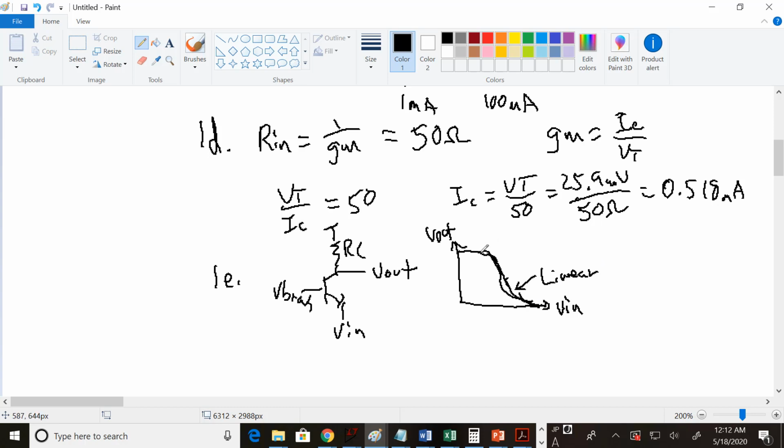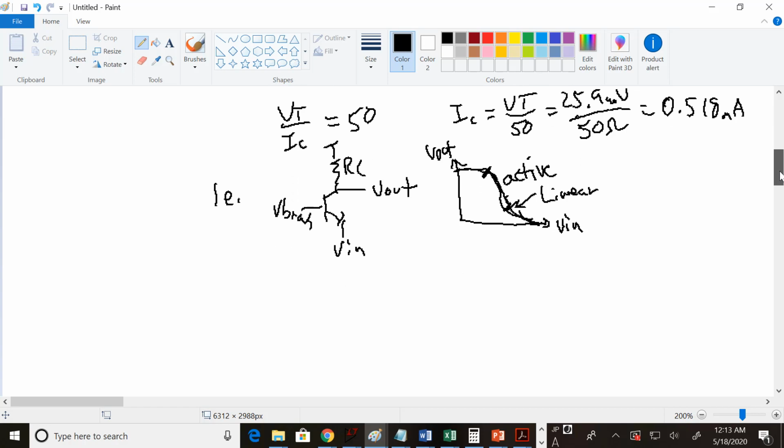So what you want to do is take it in the active region, forward active if it's a BJT, saturation if it's a MOSFET, and the way to figure out where your transistor's in the active region is you figure out what the lowest V out can be.